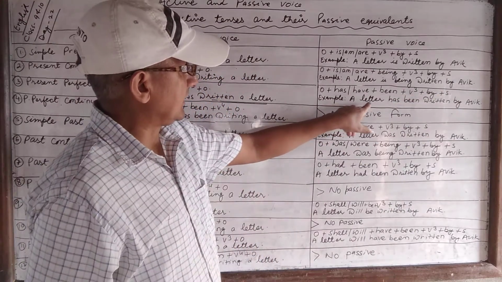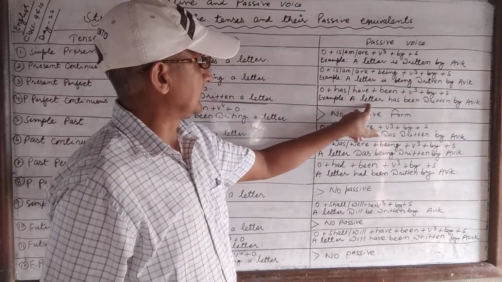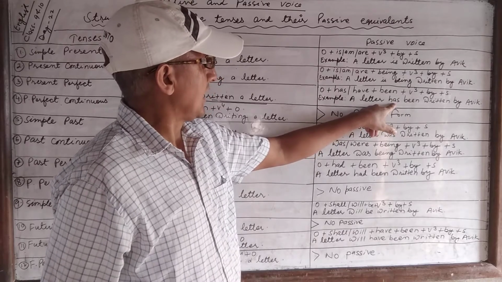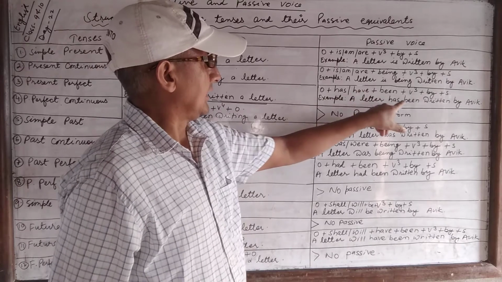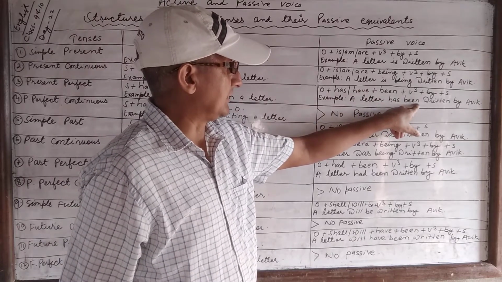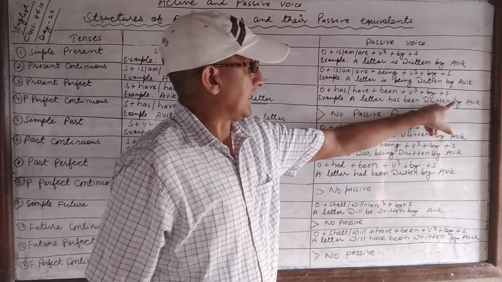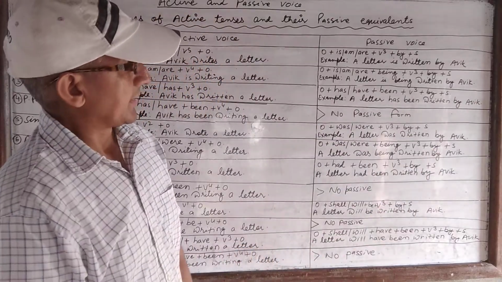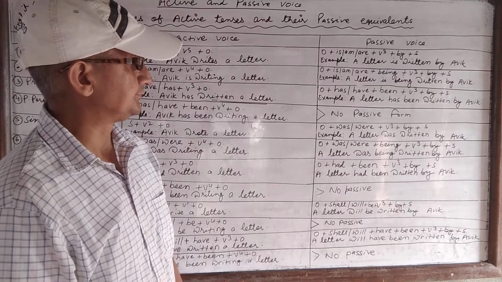Example is, a letter has been written by Avik. A letter is singular subject, with singular subject we use has, and with plural subject we use have. And after that, been, with perfect tense we use been, and the verb in third form, and by and Avik, the subject of the active voice.